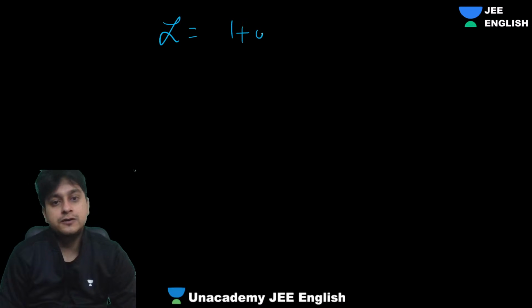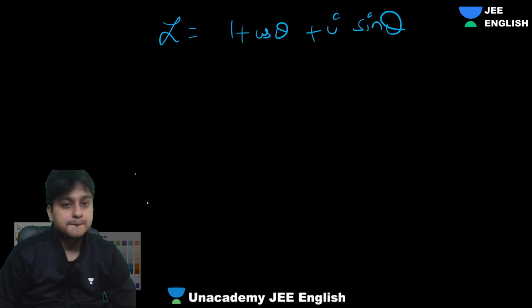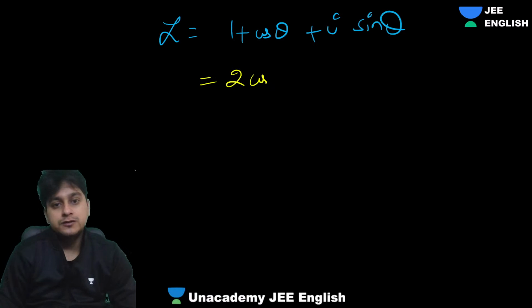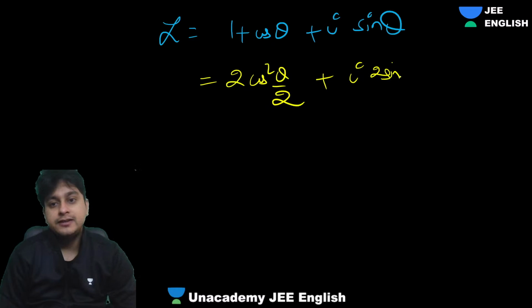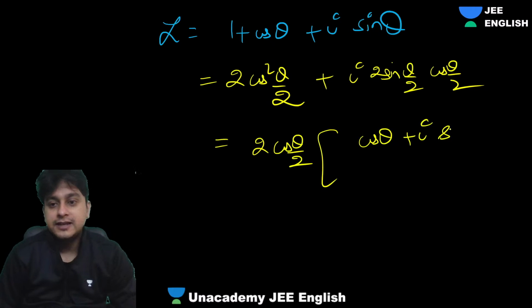So the complex number z equal to 1 plus cos theta plus I sin theta will be written as 2 cos square theta by 2 plus I 2 sin theta by 2 into cos theta by 2. We'll take 2 cos theta by 2 common, so we'll get cos theta by 2 plus I sin theta by 2.